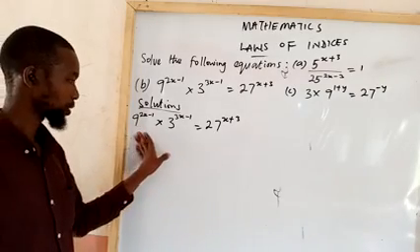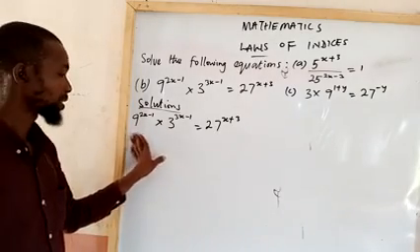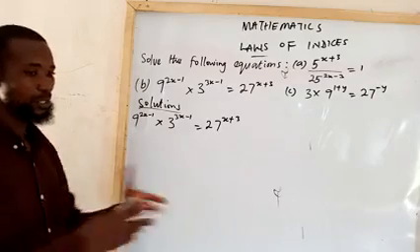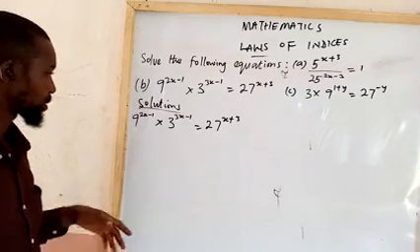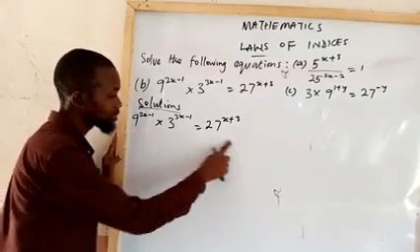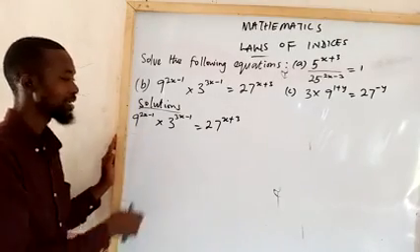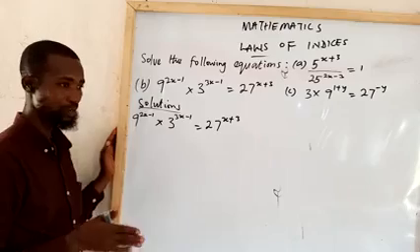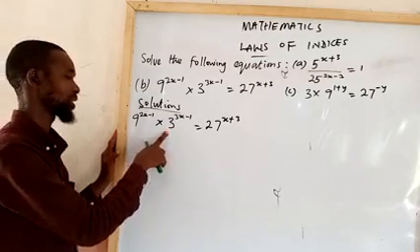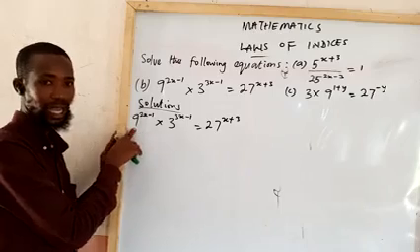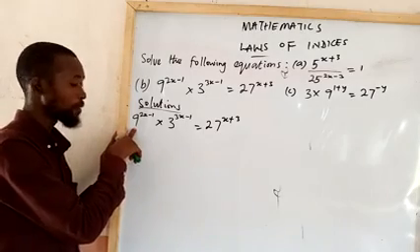Is it possible for us to express them on the basis of the same base? To be able to pick the base we are going to use, we look at the smallest base which exists here. And we can see that the smallest base we have on the board here is 3. Then the next question I should ask myself is, is it possible to express 9 on the base of 3?